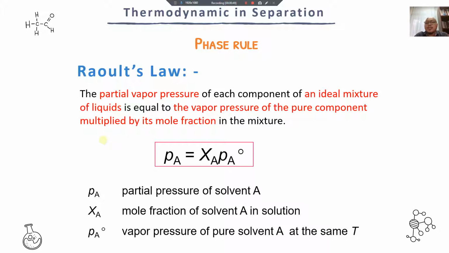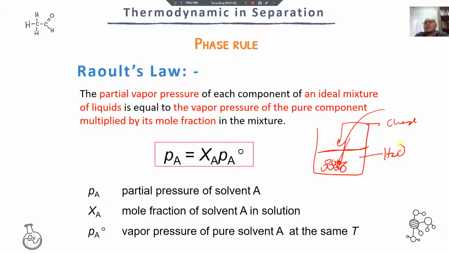For example, in Raoult's law, if you introduce another component inside here, the vapor pressure will change. For example, if you add salt into this particular solution, let's take H2O, the vapor pressure will change.